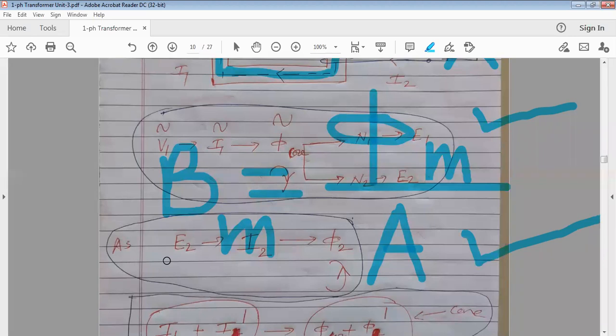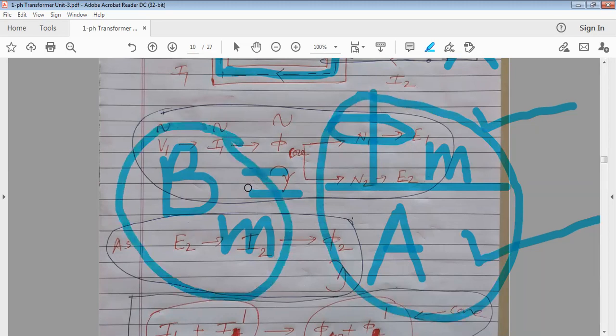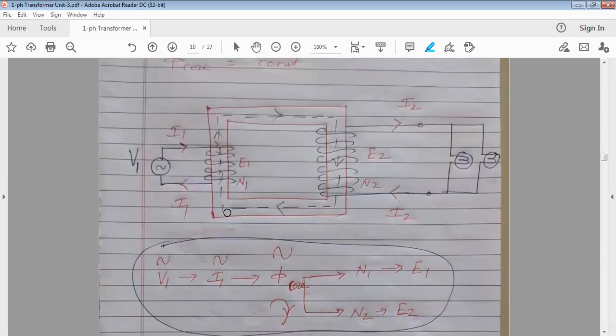Because the transformer is a constant flux machine, flux in the core remains constant from no load to full load, and the cross-sectional area of the core is also constant. So flux per unit area, that is the flux density, is also constant.